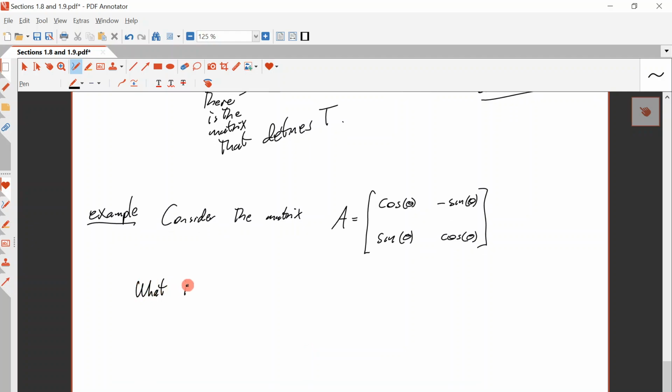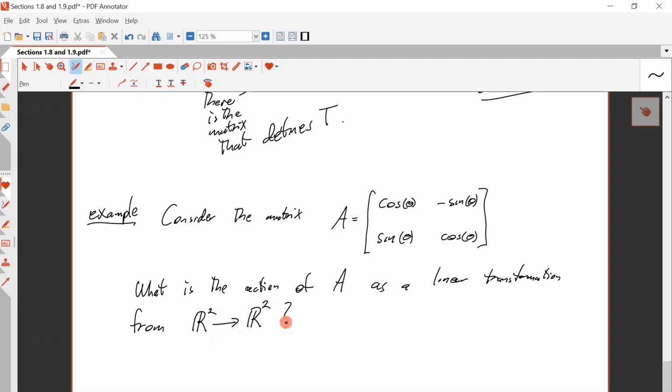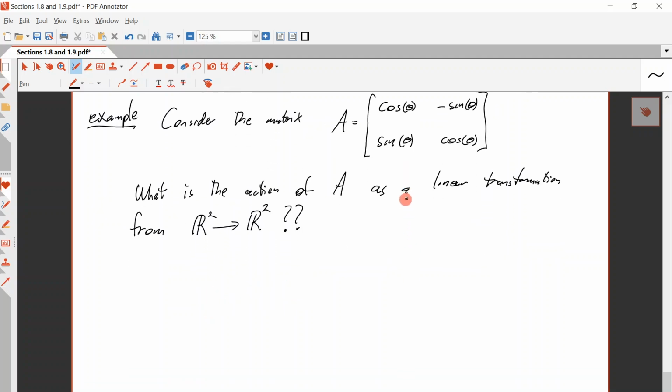What is the action of A as a linear transformation from R2 to R2? Well, let's look at what it does to the basis vectors and then just extrapolate that to the rest. Okay, so here's R2.